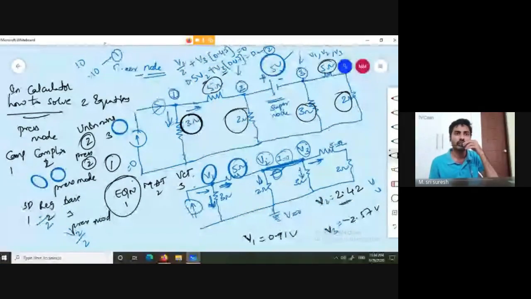After pressing the 2 button, it asks for A1, A2, B1, B2, C1, C2. These are the coefficients of the equations. After entering these values, we can display the answers x and y. X is the answer for the unknown, nothing but V2 here, and y is the answer for V3. So in this way, you can do the calculation in a calculator.